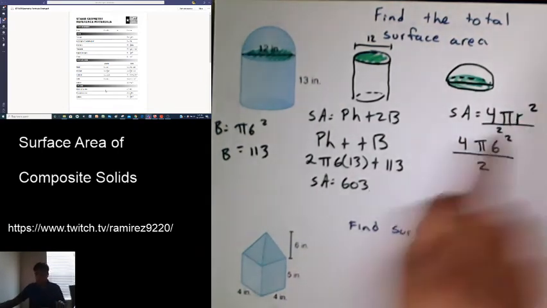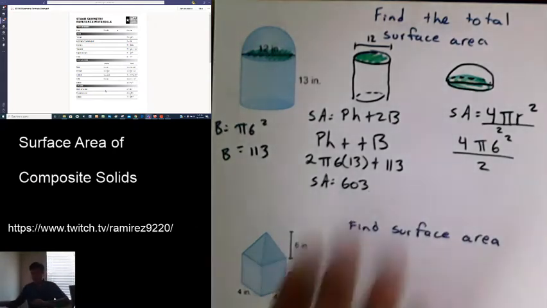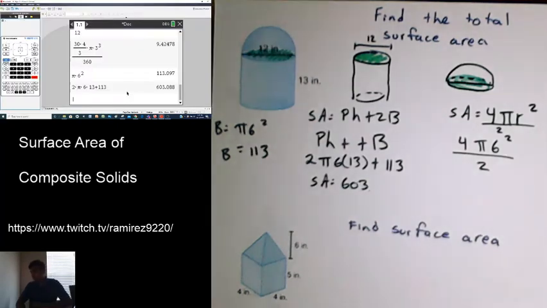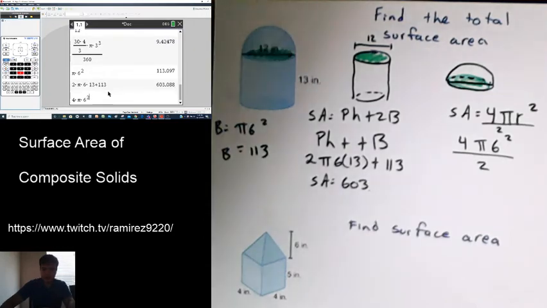The 4 pi r squared only gives you the outside. If I had an actual hemisphere, it would be that plus the circle on the bottom, but I don't have to worry about that here. So it's just 4 times pi times 6 squared, and then that divided by 2.